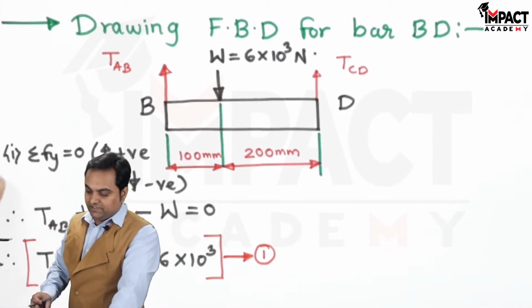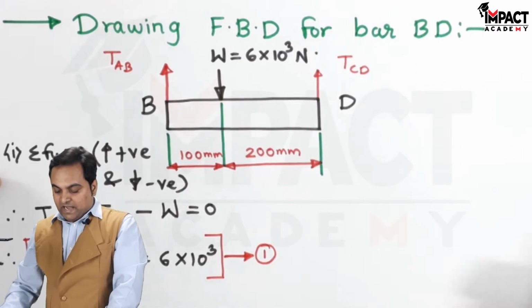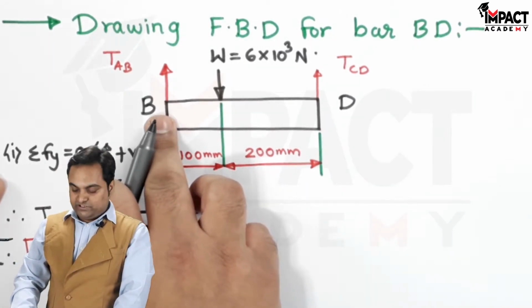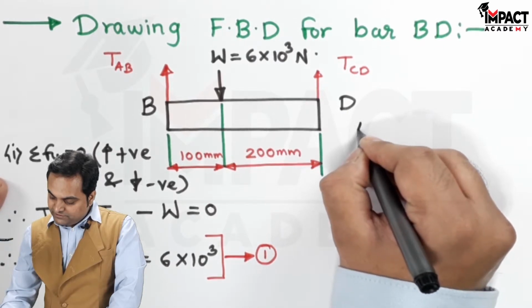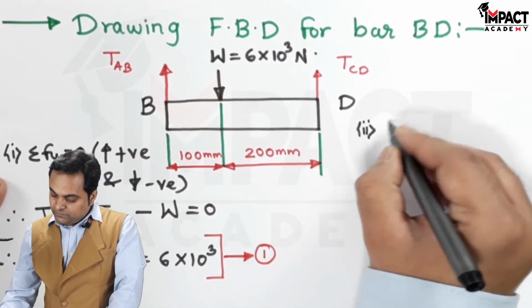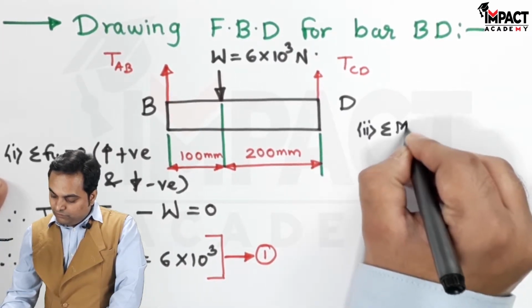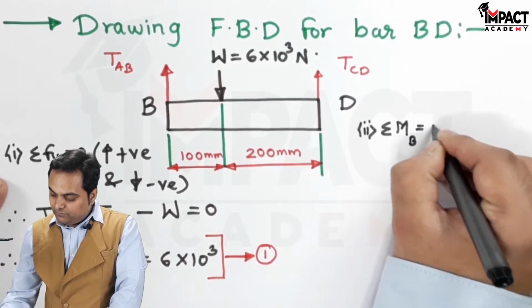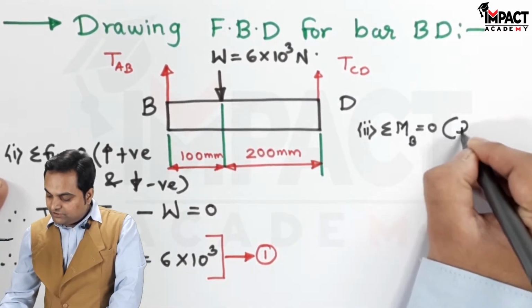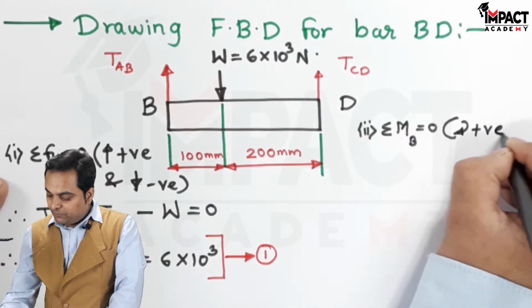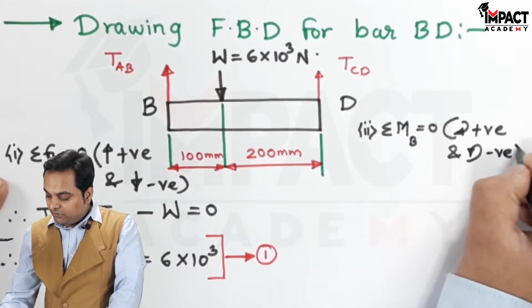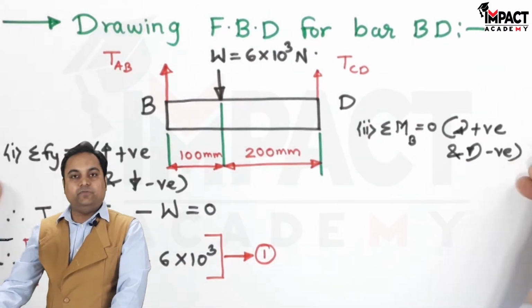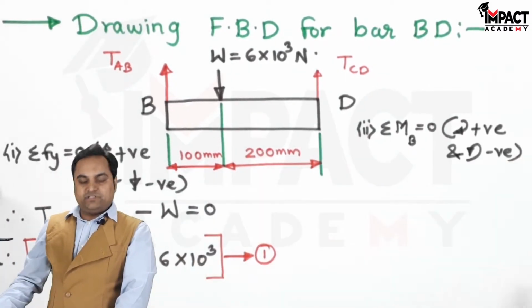Now I'll use the second condition of equilibrium, that is, I would be taking the moments of all forces about point B. So the next condition of equilibrium is summation of moment of all forces about point B is equal to 0, and the convention is clockwise moments are treated positive and anti-clockwise moments are treated negative. You can also take the opposite of these, and that would give you the same answer.